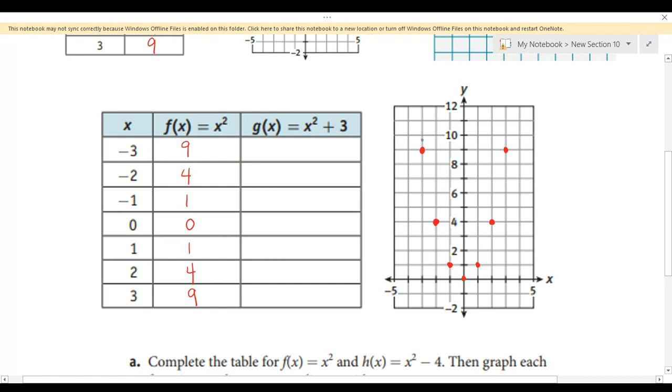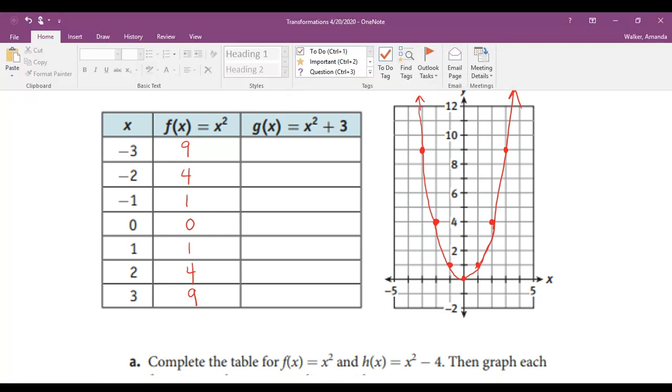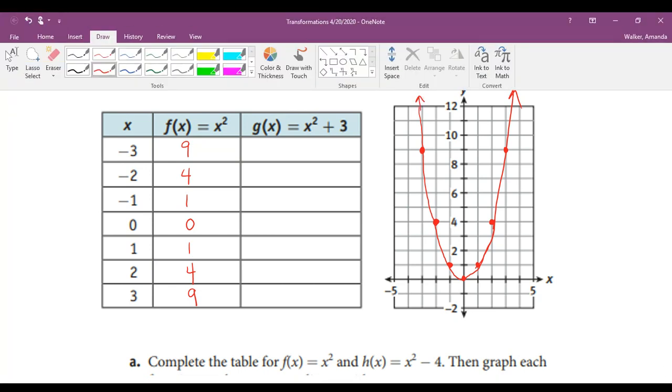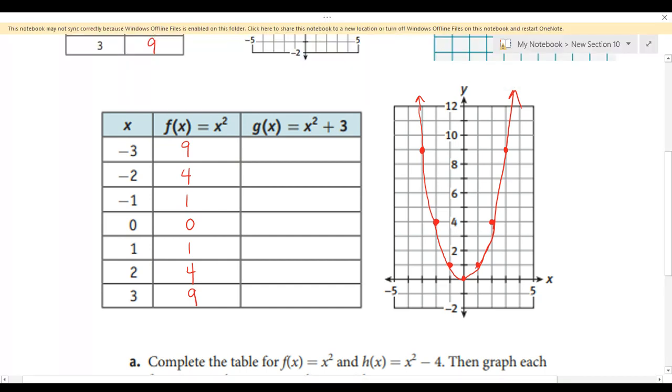So I'm going to draw my parent function. And you won't have to do any graphing because of the e-learning. If we were in school, you would have to do the graph yourself and make a conclusion from that. But I know how difficult that is on the computer. Let's do blue. Okay, so this is our parent function.